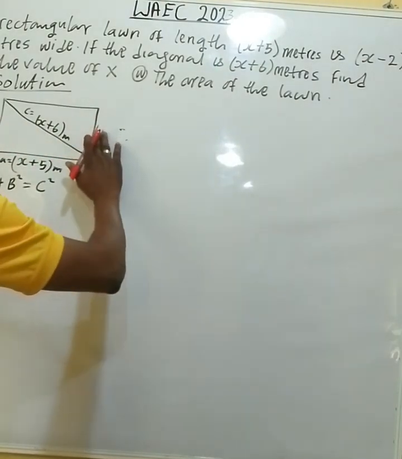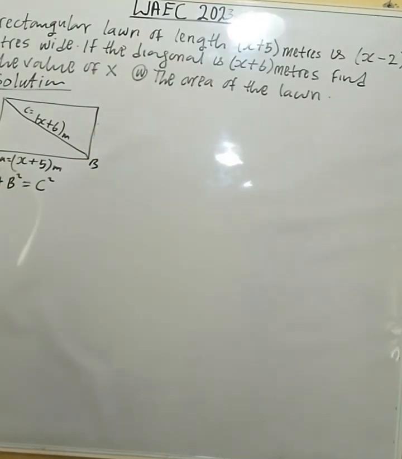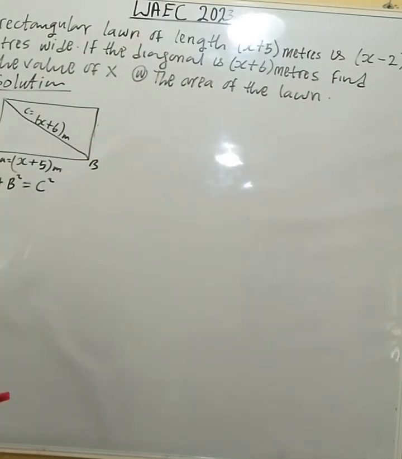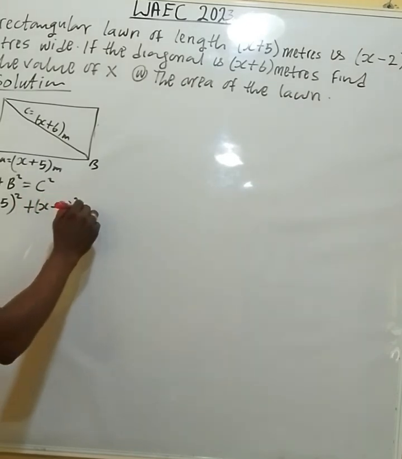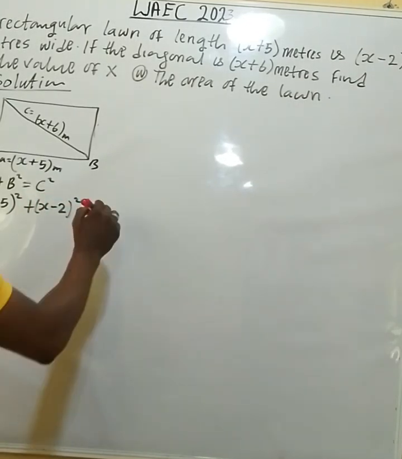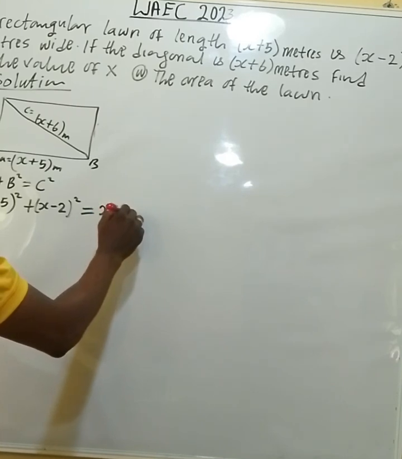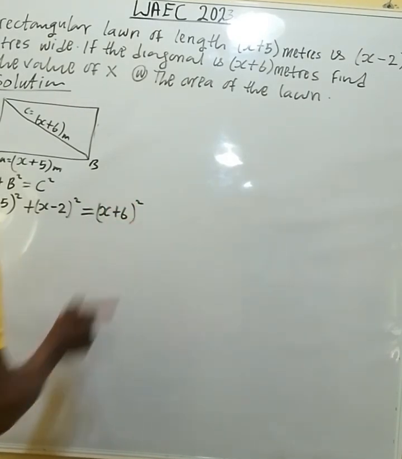Now let's substitute. Our a, which is x plus 5, squared, plus b, which is x minus 2, squared, equals x plus 6 squared.